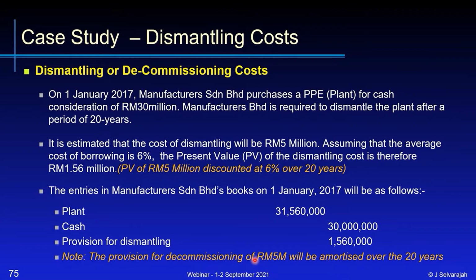So all very nice, but your provision is only 1.56 million. In 20 years' time, you must have an amount of 5 million, assuming no inflation and no currency revaluation or devaluation vis-a-vis the other currencies in the world, assuming, all right. Then how are you going to bring the 1.56 million to make it 5 million?